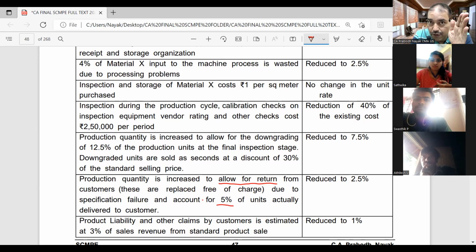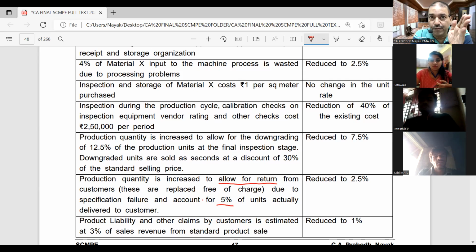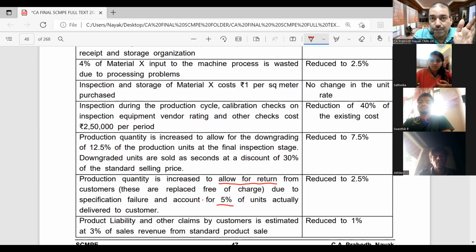5% is return. So how much will I produce? Will I produce 5,000 units? No. I'll produce 5,000 plus something. What is that something? That something is 5%. So actually I will be producing 5,000 plus 5% of 5,000. That is 250. So my actual production will be 5,250 units before implementation.